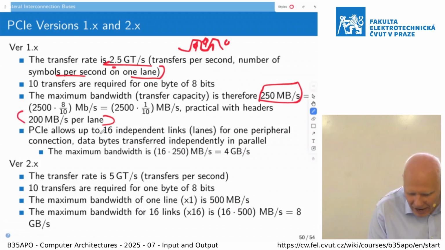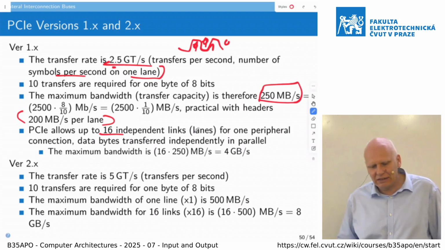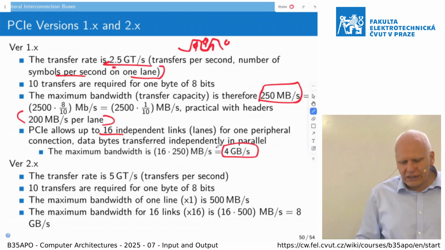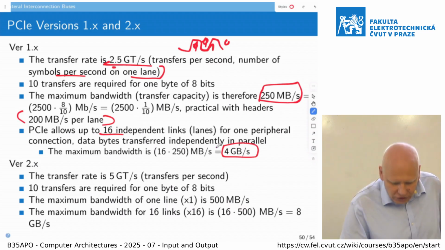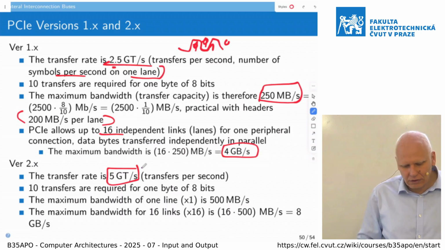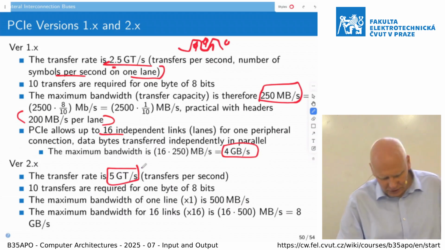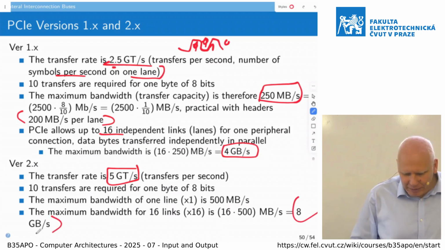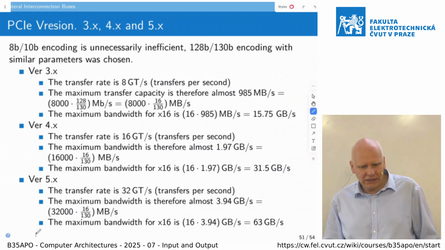But we can combine lanes, up to 16 independent lanes, and in such a case we can get to 4 gigabytes per second communication speed. Version 2 has doubled the transfer per second rate, the symbol rate. So you can get to 8 gigabytes per second of raw throughput with 16 links.